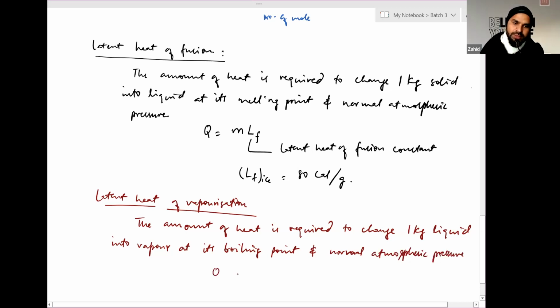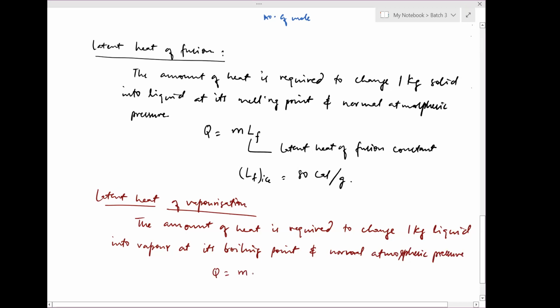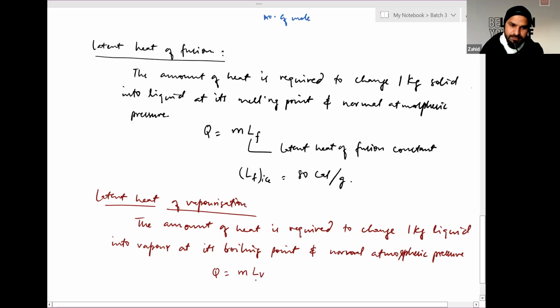So Q equals mass of substance times latent heat of vaporization.